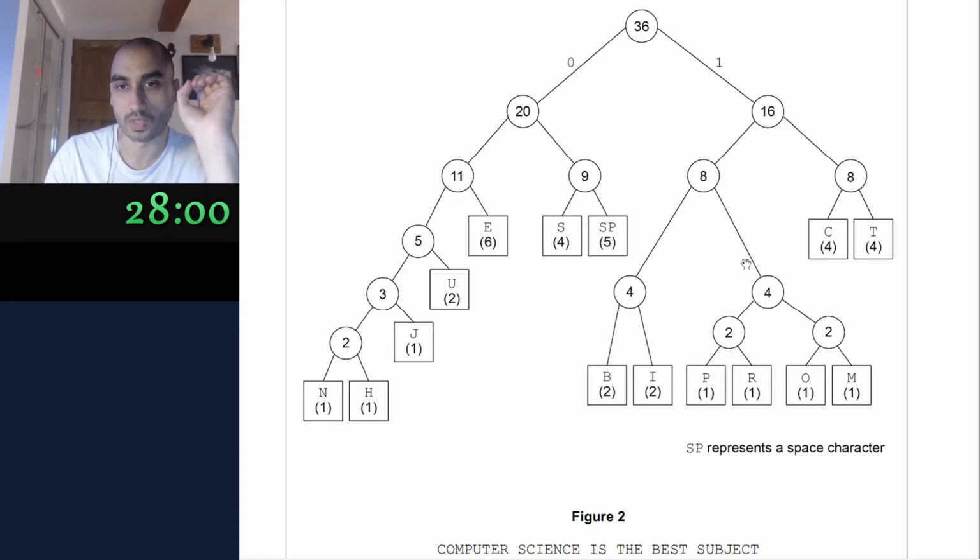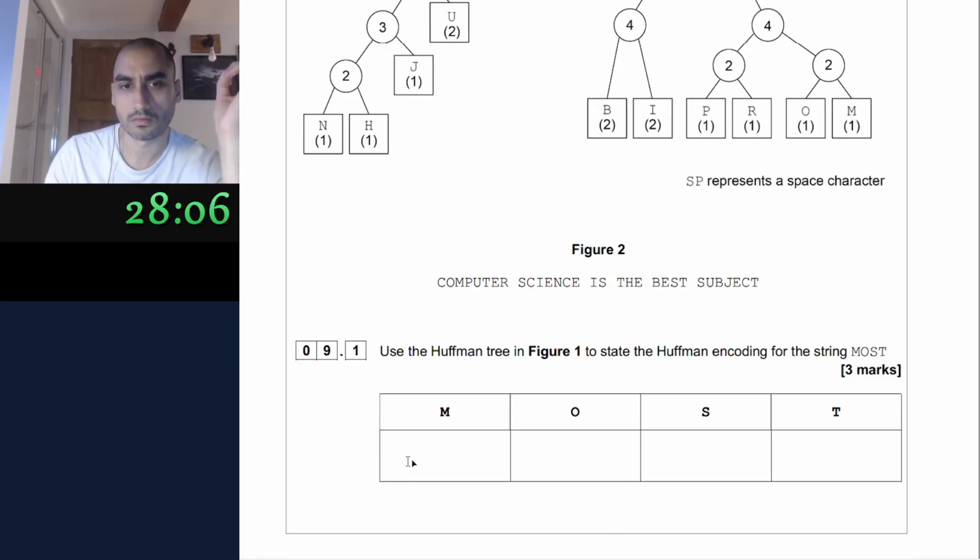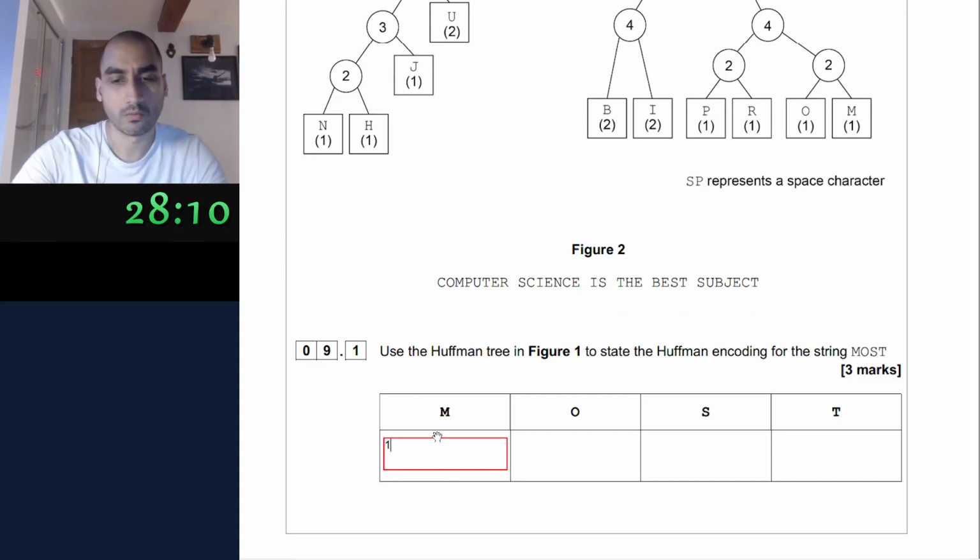Seems a bit long. No, that's about right, 1, 0, 1, 1, 1, because it's smaller than a byte, right? A byte would be 8 bits. But we're being more efficient here.